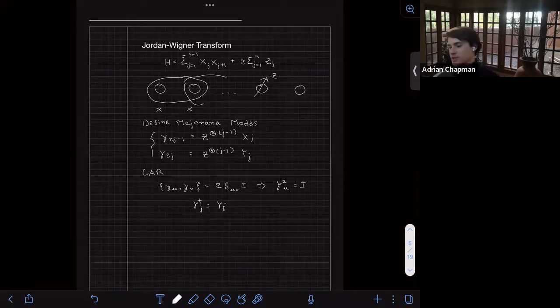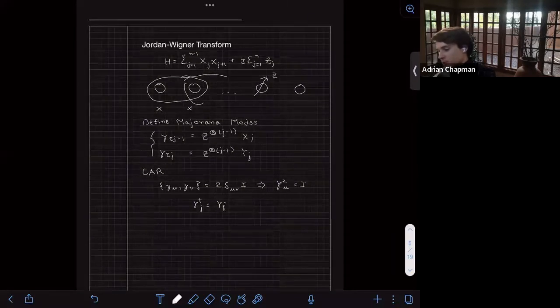So the way you can think about these is that their commutation relations sort of generalize the commutation relations of the qubits. Single qubit operators generate the group SU2 under exponentiation, and that's a double cover of the group SO3, right?